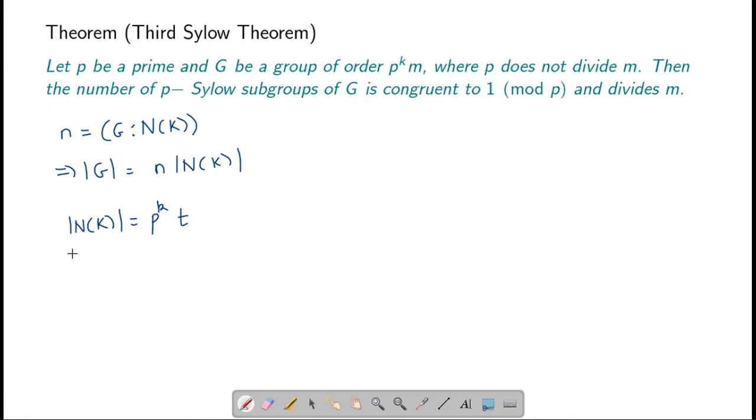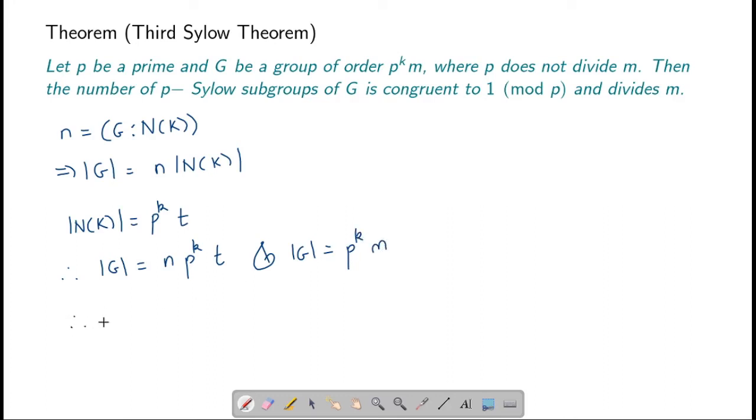So the number of elements in G is n times p raised to k times t. But the number of elements in G is given to us as p raised to k times m.